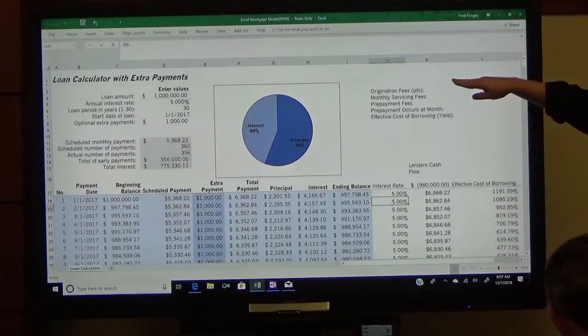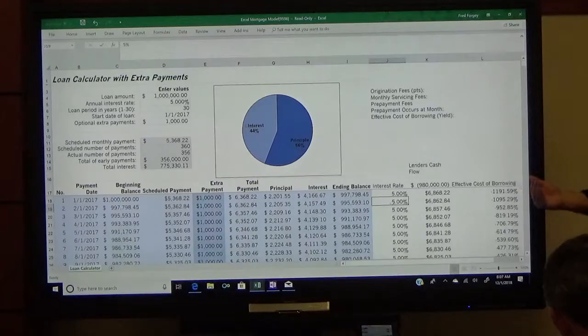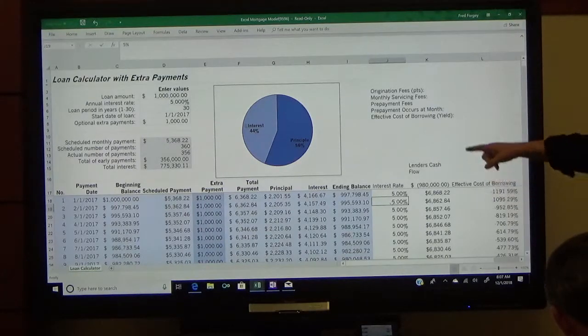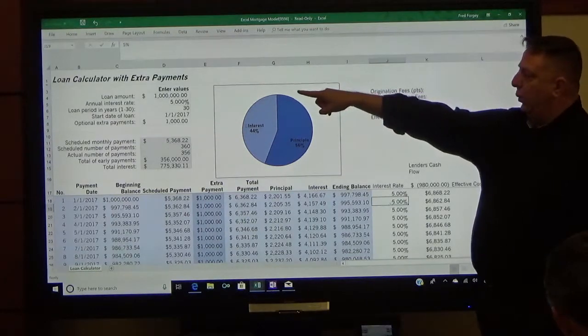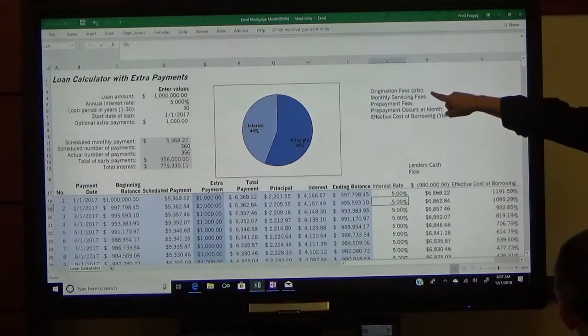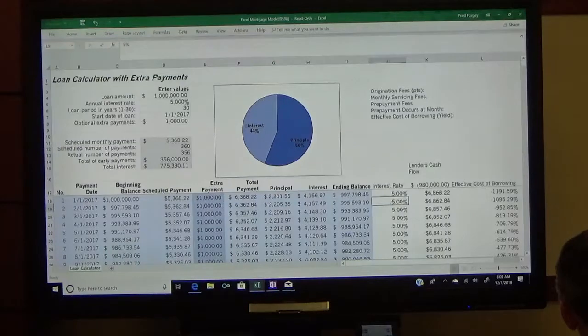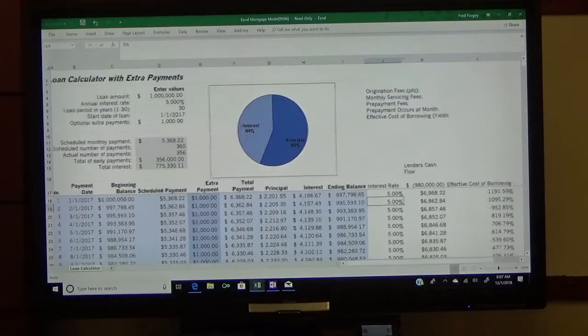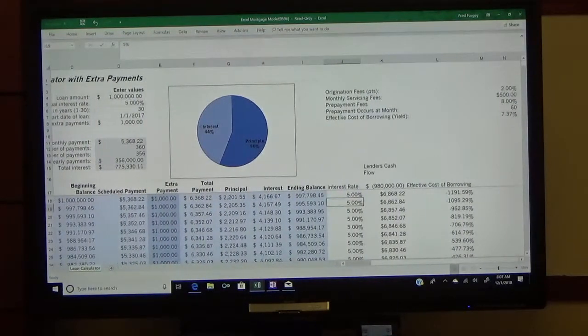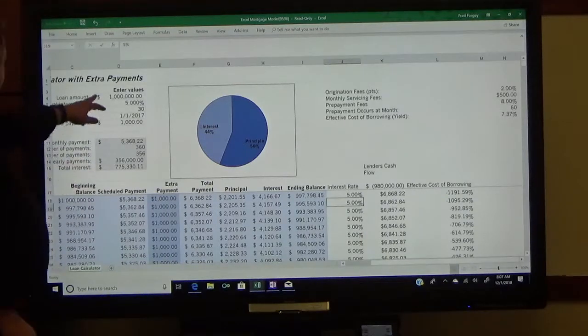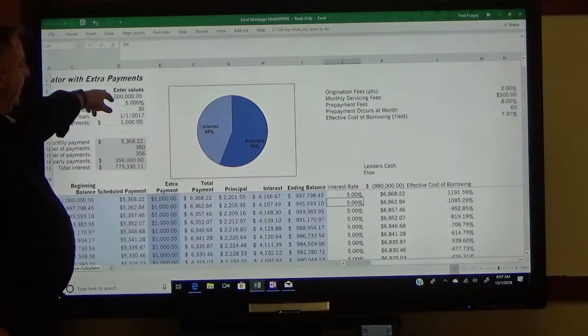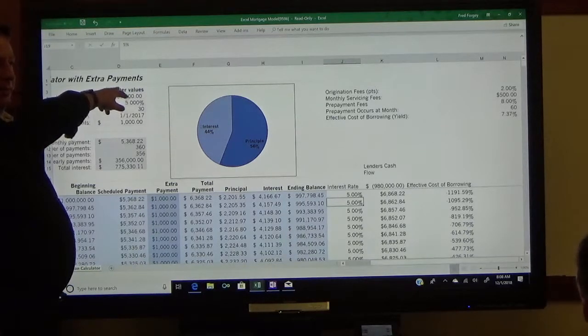Now, from the lender's perspective, their cash flows are based upon what the loan amount was, and then subtracting out any loan origination fees. So if the loan amount were $1 million and the origination fees, I believe, were 2%, then 2% of $1 million is going to be $20,000.